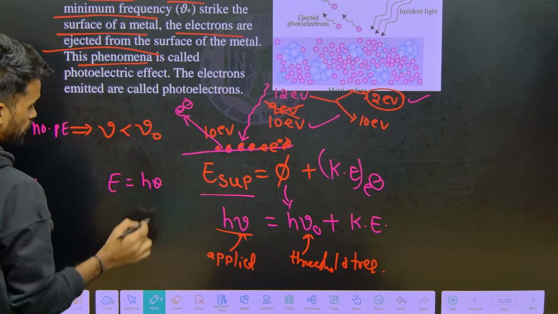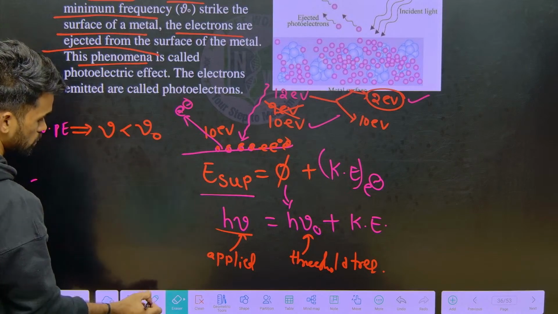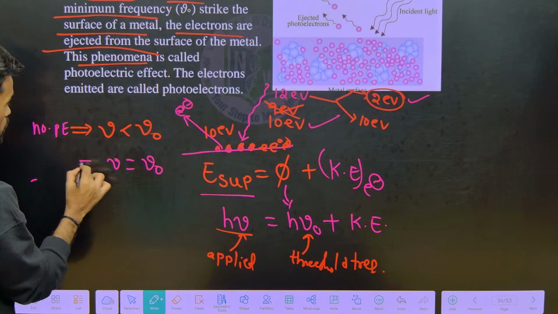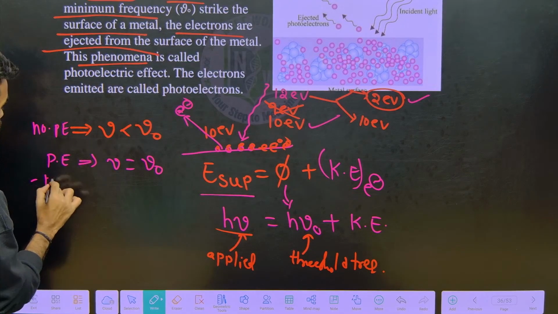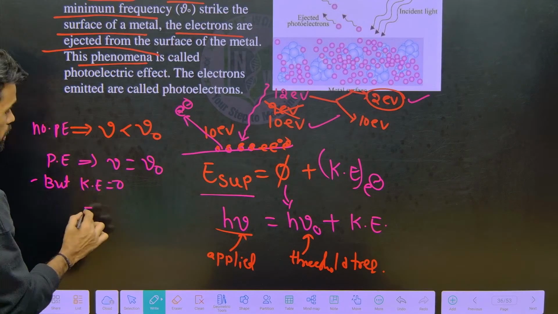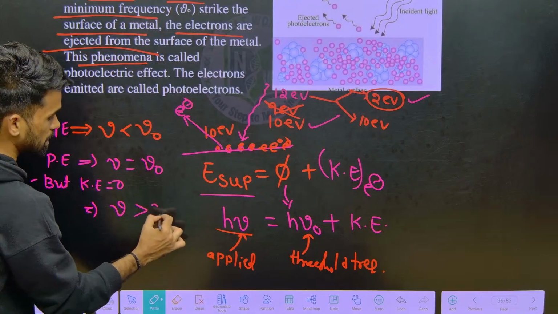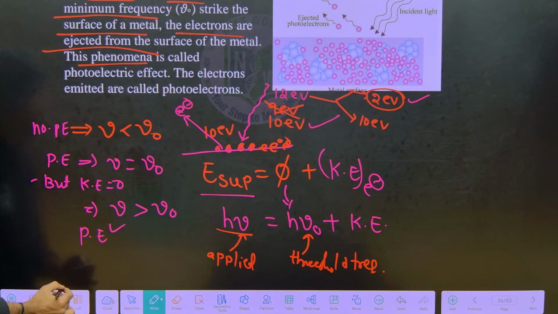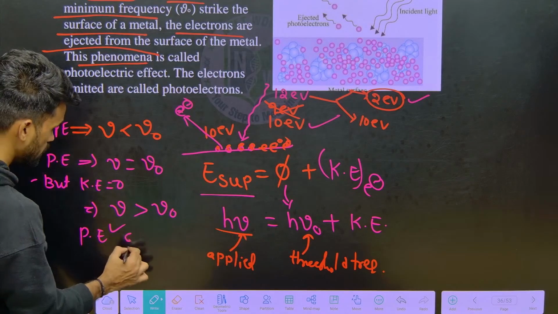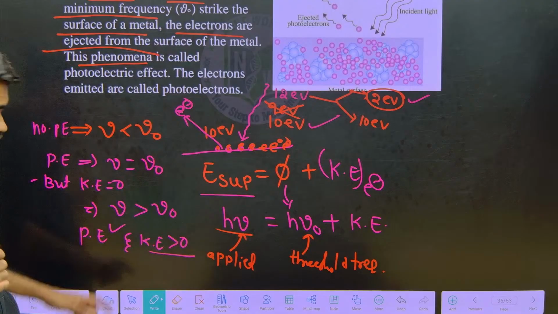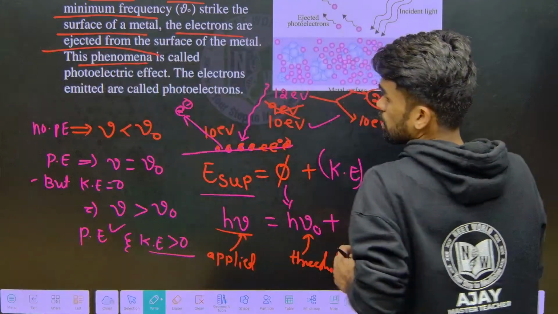If applied frequency equals threshold frequency, PE takes place, but kinetic energy of photoelectron will be 0. If applied frequency is greater than threshold frequency, photoelectric effect takes place, and kinetic energy of photoelectrons will be greater than 0. Clear now, these three things? Next.